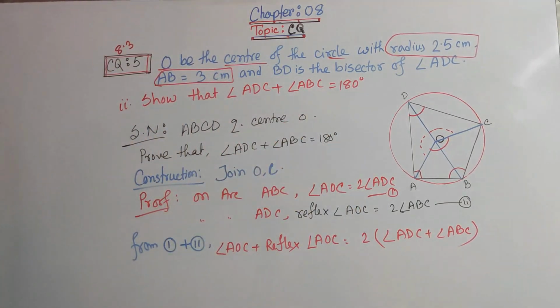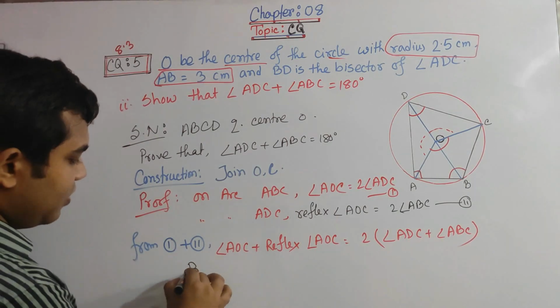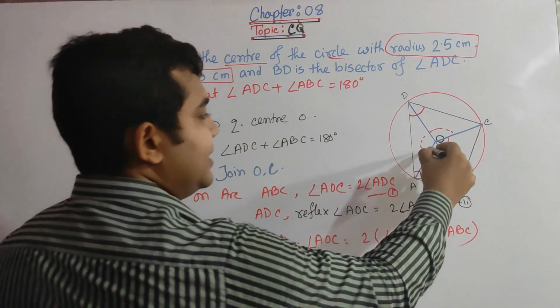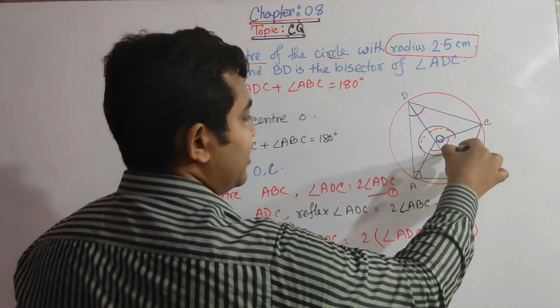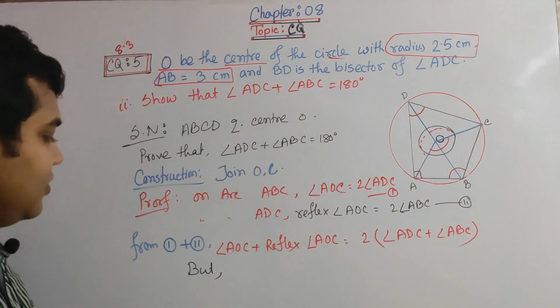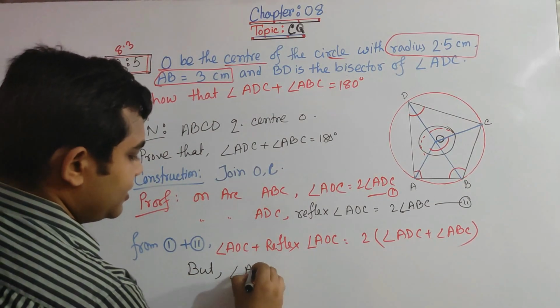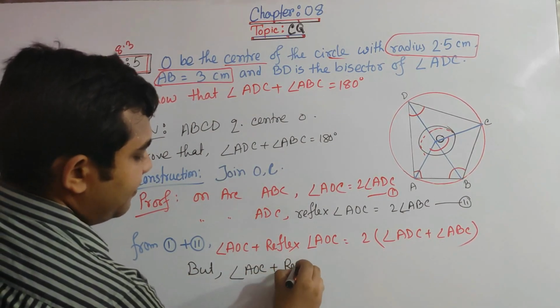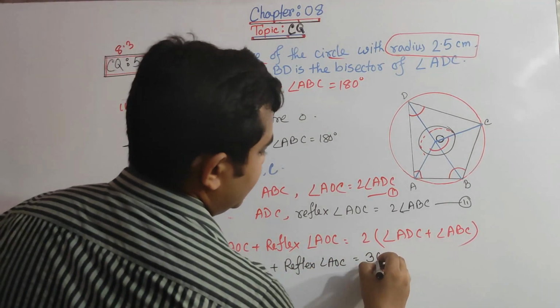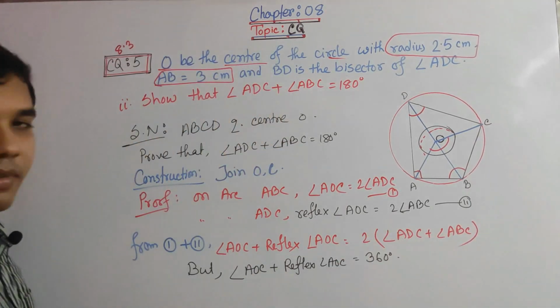But we can see from this figure that this angle plus this angle make our total circle. We know that the total angle is 360 degrees. That's why angle AOC plus reflex AOC is equal to 360 degrees.